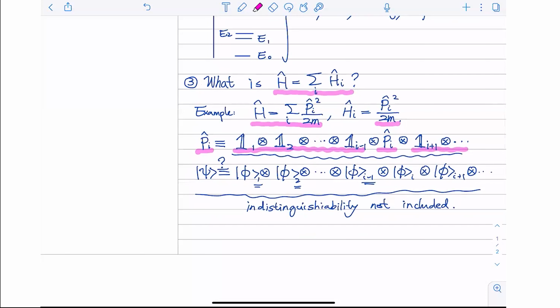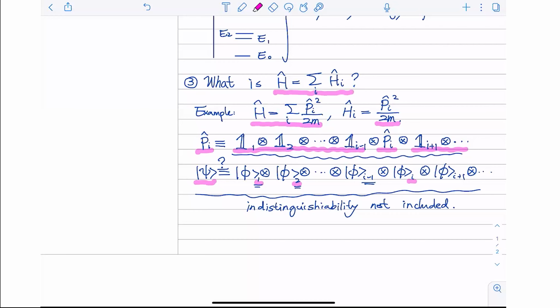So the next question we are trying to ask is how to describe the many particle wave function psi. It is very tempting to say that we have the first particle, second particle, all the way to the ith particle, and we use the Hilbert spaces of the first particle to the ith particle to form the Hilbert space of our many particle system.